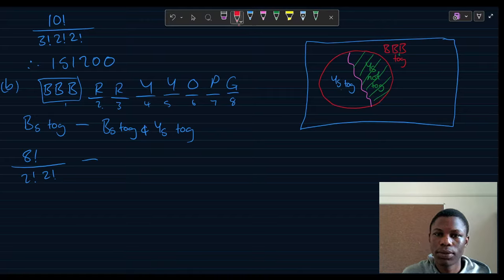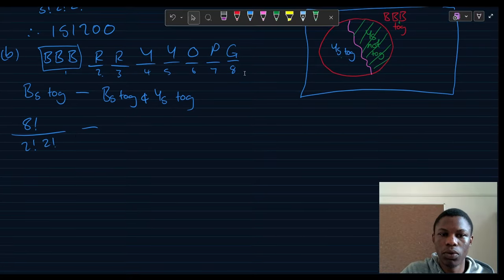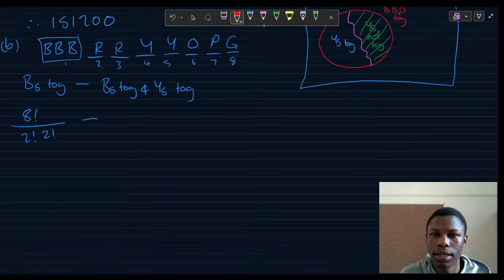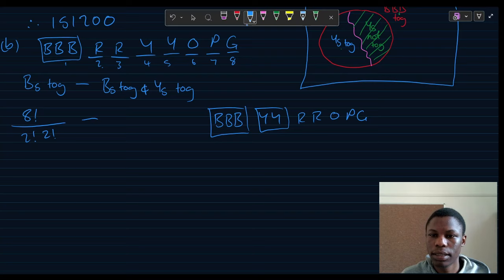Minus, now we're saying that we want blue books together and Y's together. So that looks like this. You've got your blue books together, and you've also got your Y's together. And then you've got R, R, OPG. So now you're actually arranging 1, 2, 3, 4, 5, 6, 7 items.